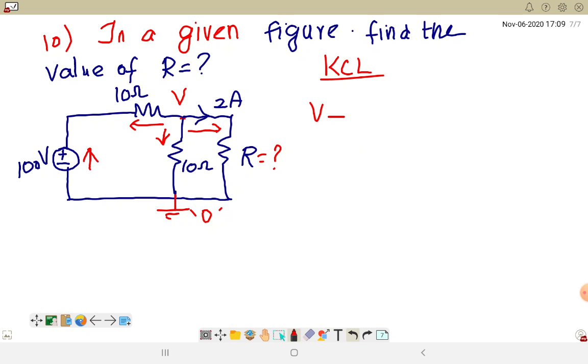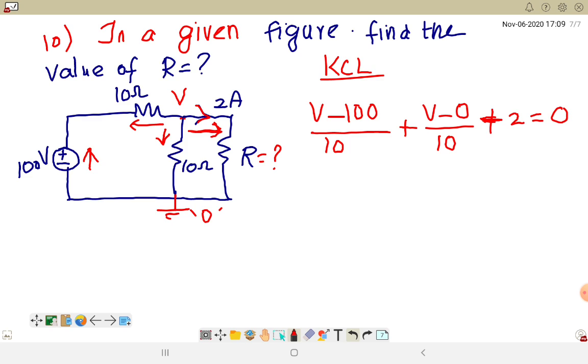So how to write? V minus 100 divided by 10 plus V minus 0, the reference value, divided by 10. Here assume direction, actual direction both are same. So this also plus 2, that is equal to 0.